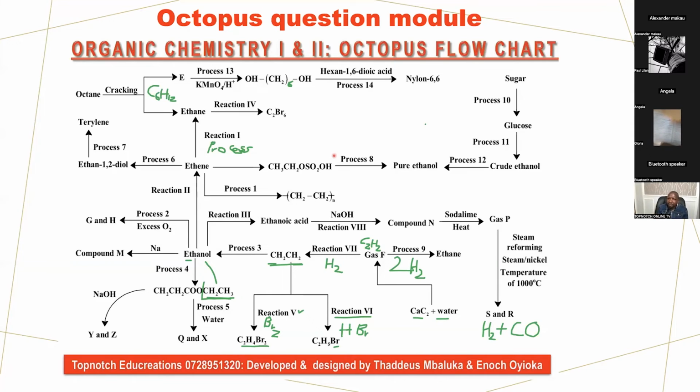For instance, hydrogenation is an industrial process because it is used industrially in the manufacture of margarine. Polymerization is an industrial process used to make polymers like polyethylene, like Teflon, plastics. Fermentation is an industrial process again.